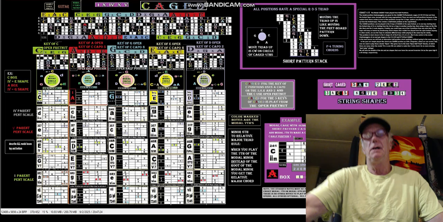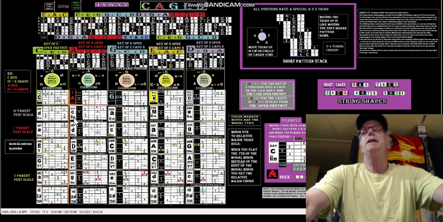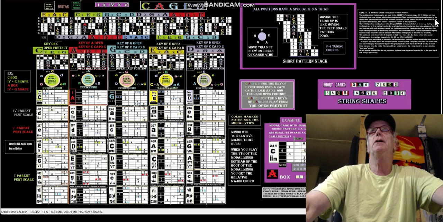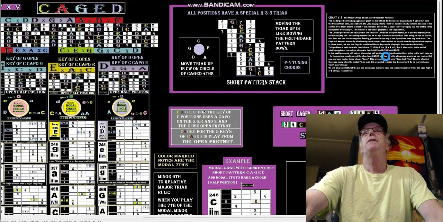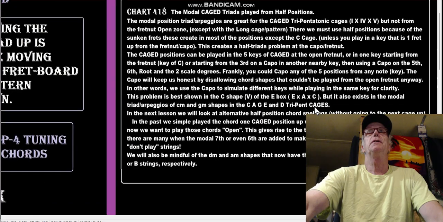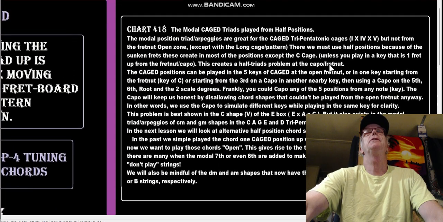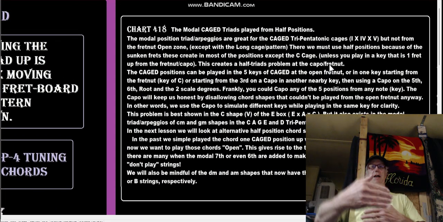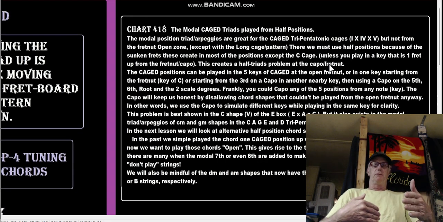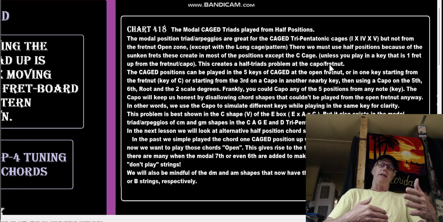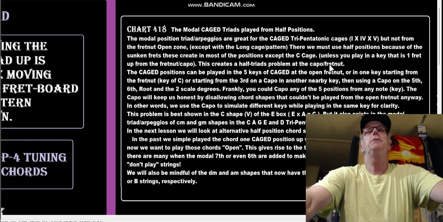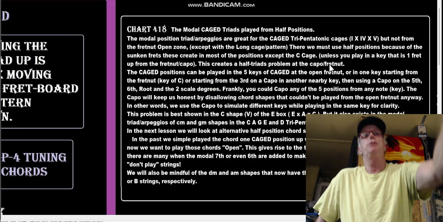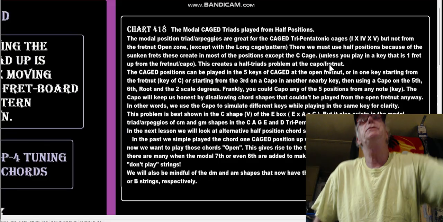However, the best way to get into things like what's up here is to watch the videos. So I think we covered this in the other lesson, or we tried to. So there's like this overlap. We might cover chart 417 a little bit, or 18, but it's been a week ago, and I have a little more refined approach to the problem of half positions.